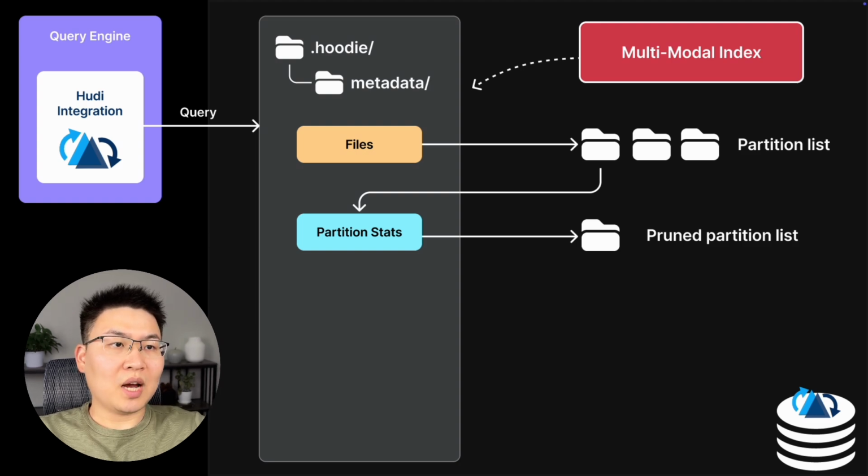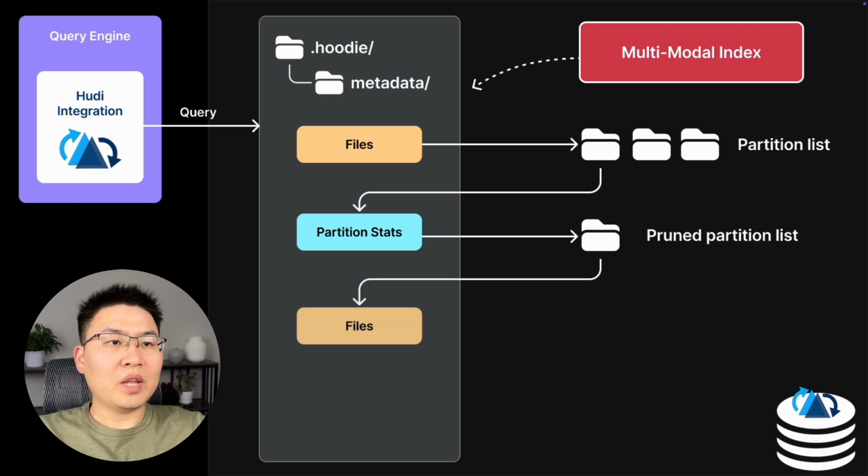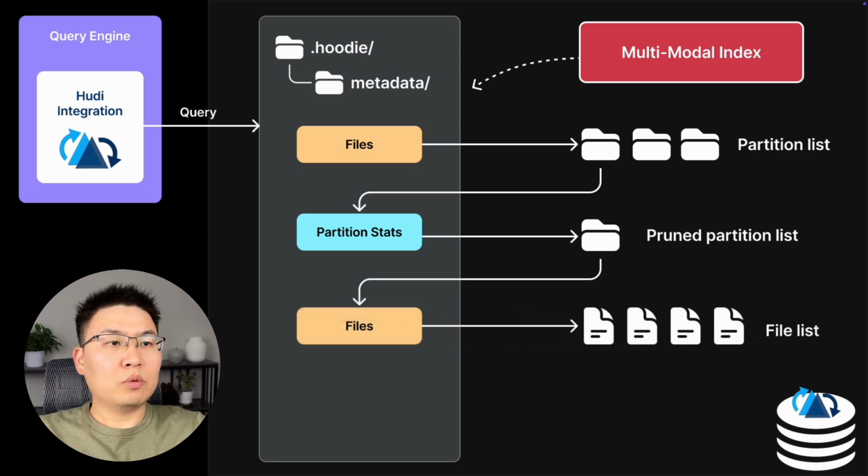The partition stats is another index that helps reduce the partition list using partition-level statistics. It'll skip those out-of-range partitions and produce a pruned partition list. With this shortened partition list, we can ask files again to provide a list of files under those partitions.